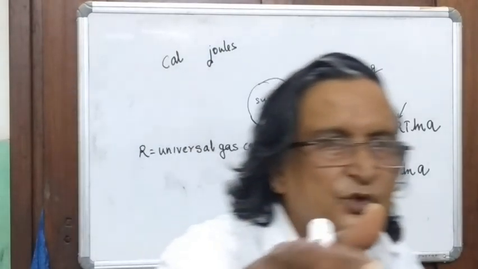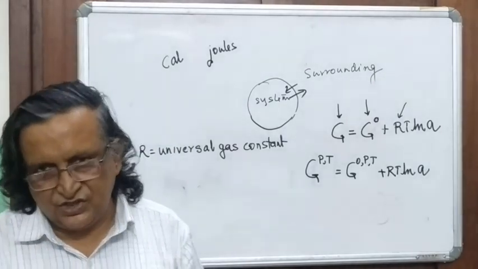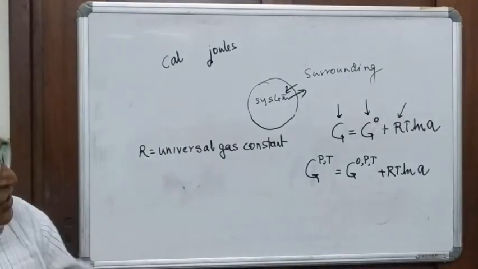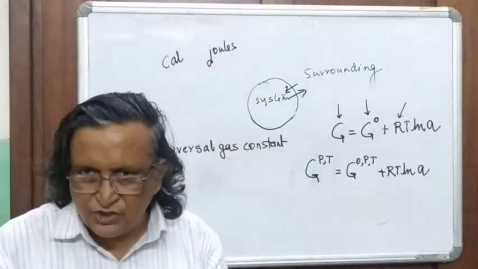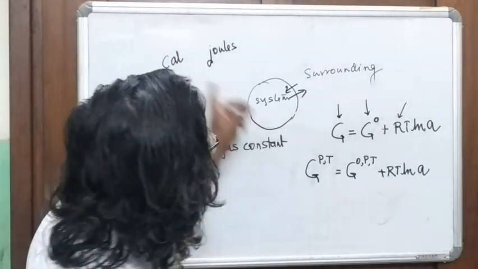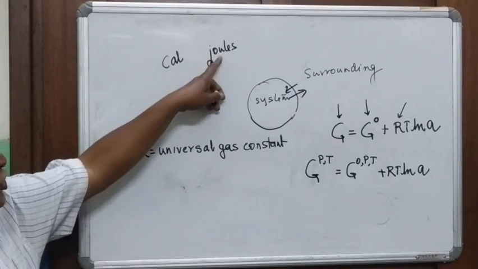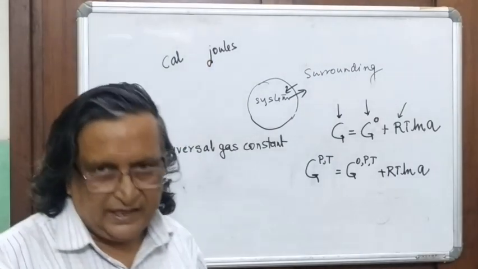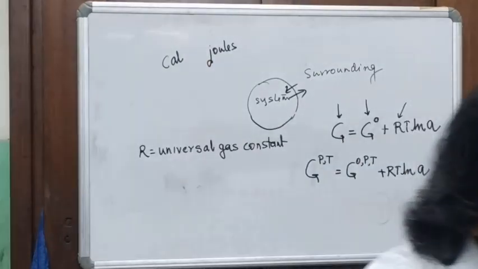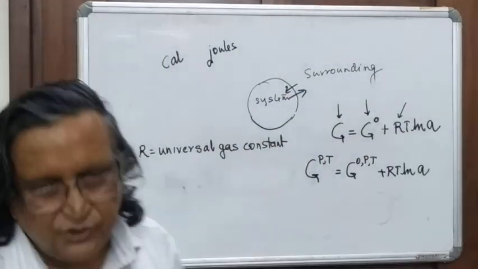Previously, when I was a student like you, we used to use calories. But nowadays things have changed. It's conventionally joules. But it doesn't matter, they are convertible. Joules can be converted by multiplying by a number to get calories, or calories into joules.